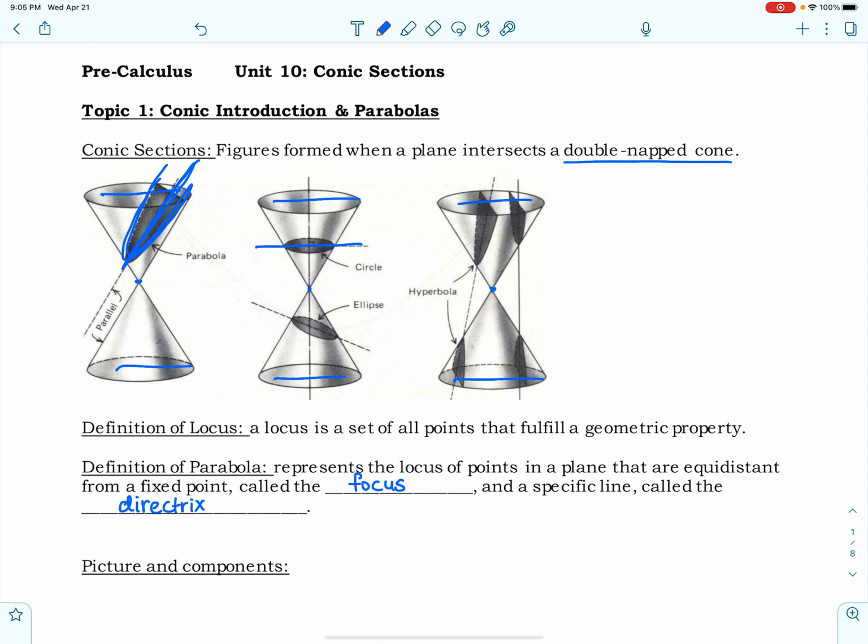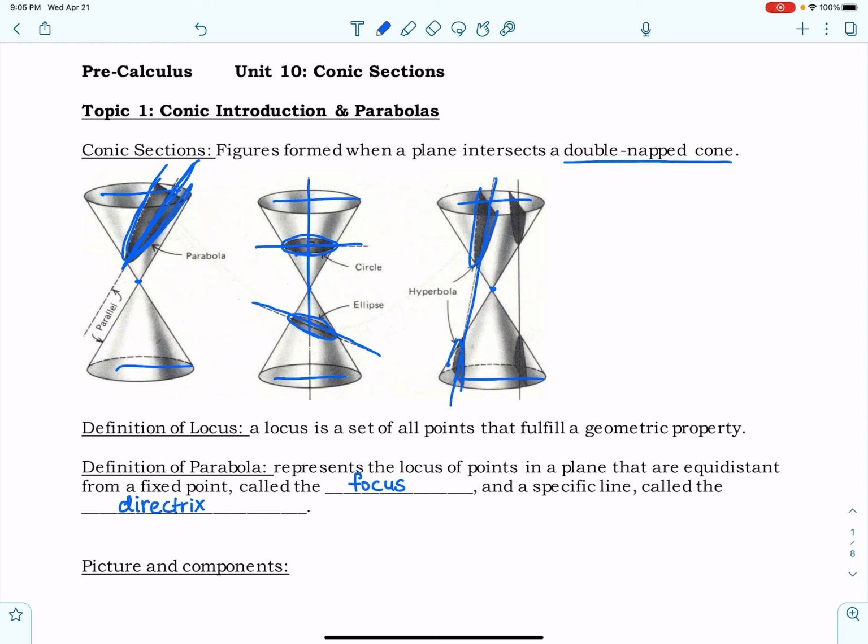If it's perpendicular to this axis right here, you get a circle. If it's tilted, you get an ellipse right here. And if the plane cuts both of the cones, you get a hyperbola, which essentially looks like two parabolas that are facing out from each other.